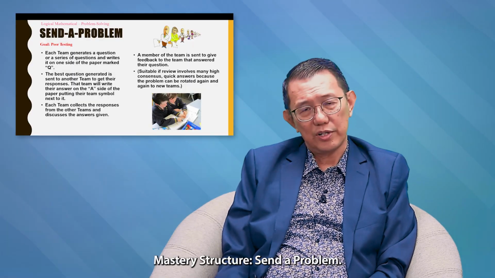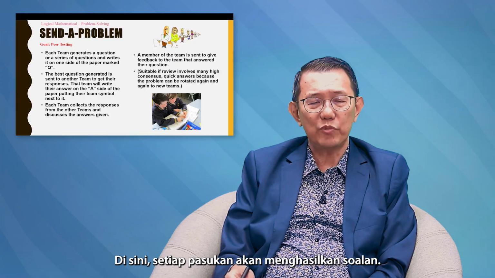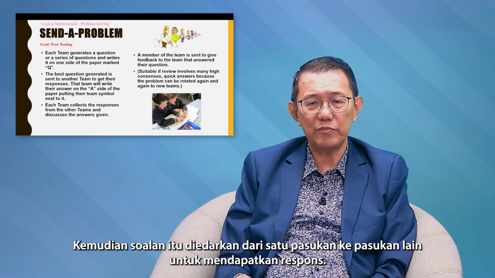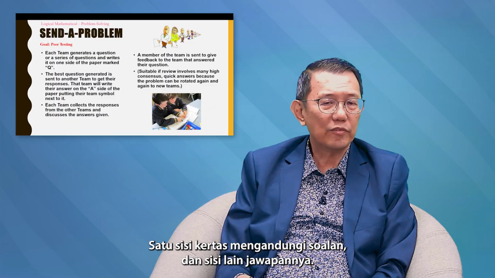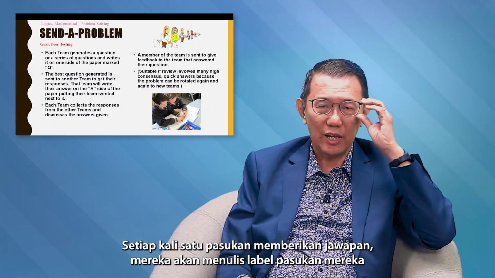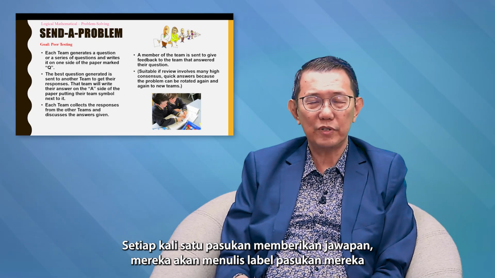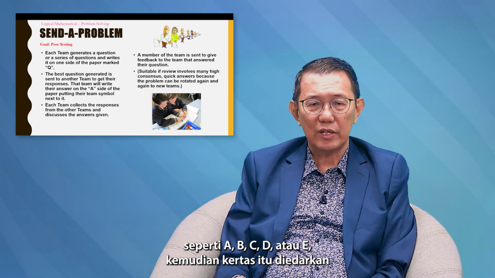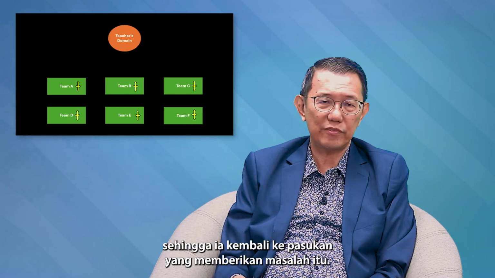Mastery structure: Send a Problem. Here, each team will generate a question, and the question is then circulated from team to team, collecting responses. One side of the paper is the question, the other side is the answer, and every time a team gives the answer, they write their team label, which is A, B, C, D, or E. Then it goes round until it comes back to the team that gave the problem.